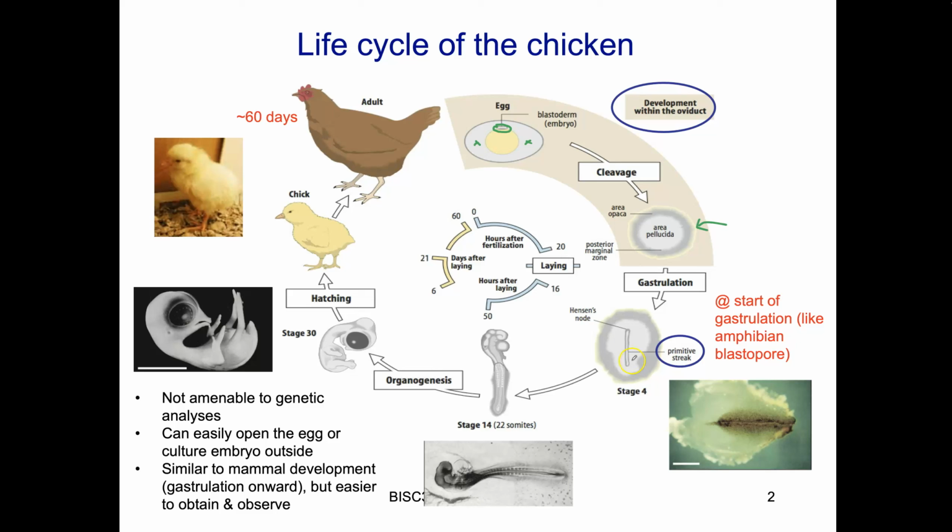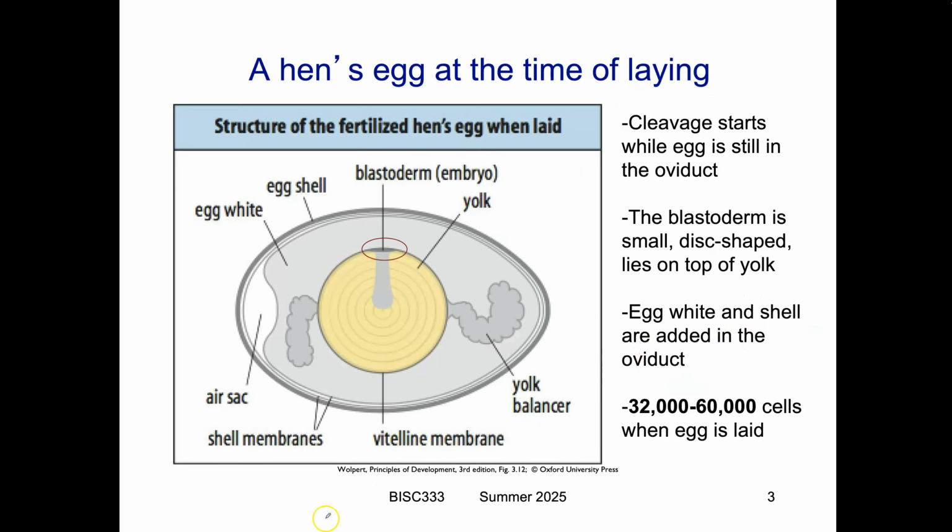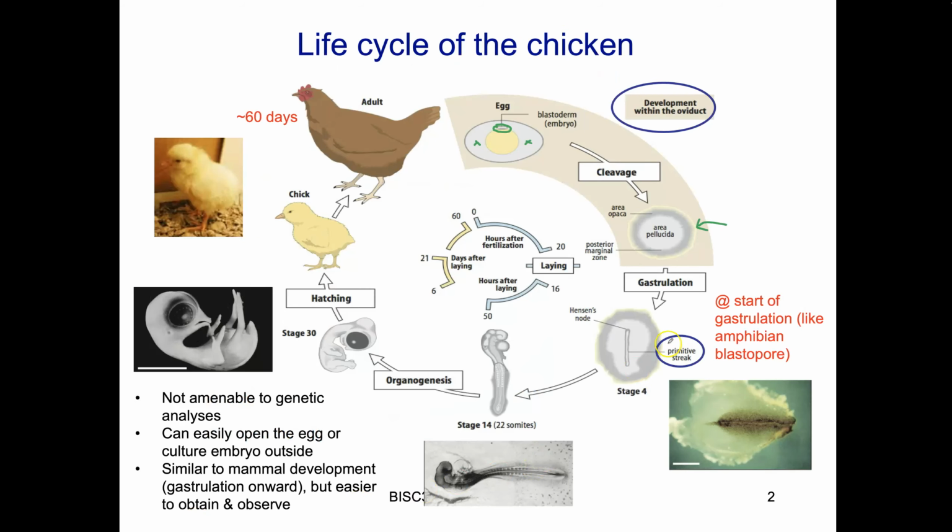Gastrulation occurs, and it doesn't look very much like other types of gastrulation, but it has a number of similarities, and we'll see similarities to the mouse as well, with the node, Hensen's node in this case. And so I'll talk about the development of the primitive streak and then Hensen's node. It looks like this, actually.